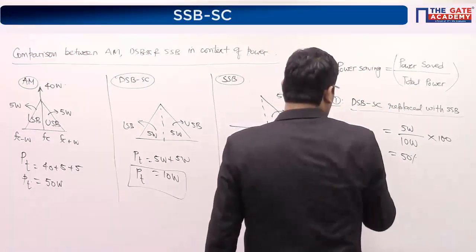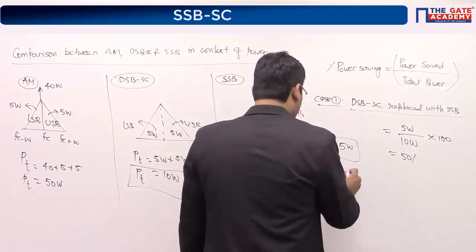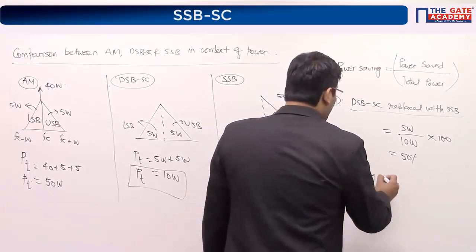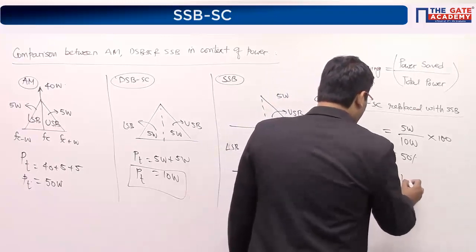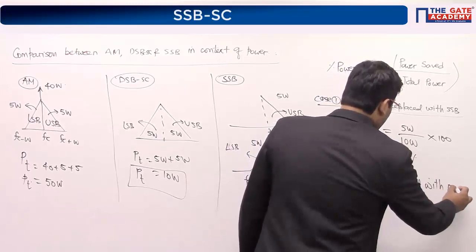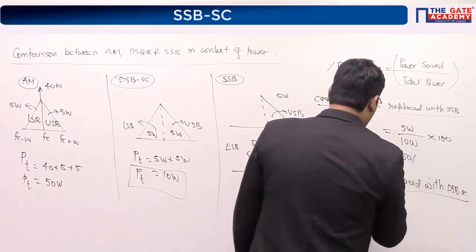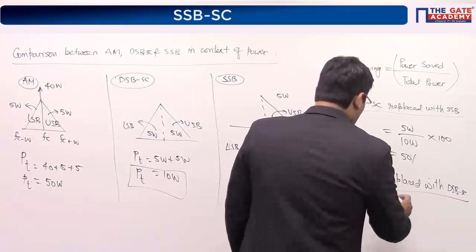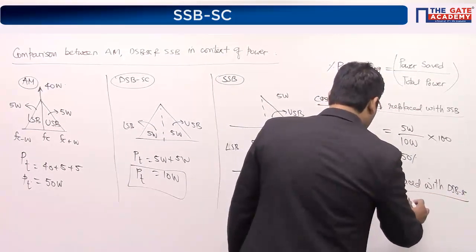Case 1 is this. If I say case 2, that AM is replaced with DSB-SC, then what will happen? AM power was 50 watts and suddenly you have 10 watts. So you have saved 40 watts.